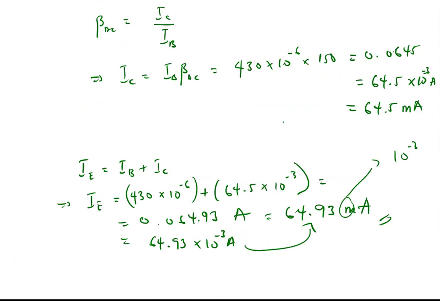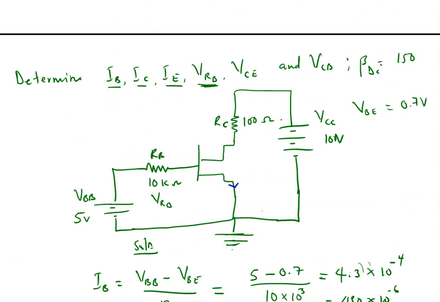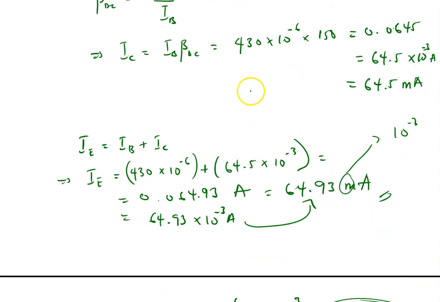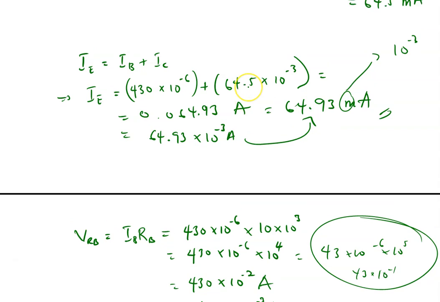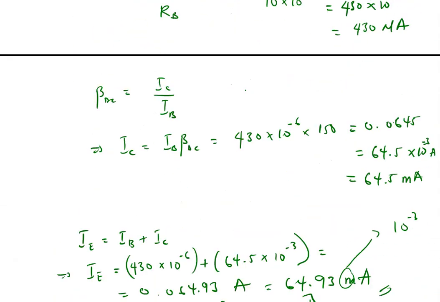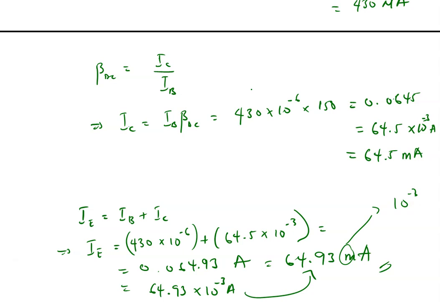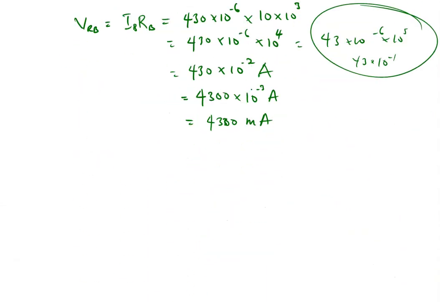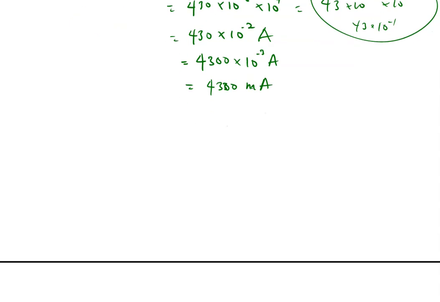The next one is VCE. We apply Ohm's law and the KVL equation that we found. We can say that IC is equal to VCC minus VCE all on RC.